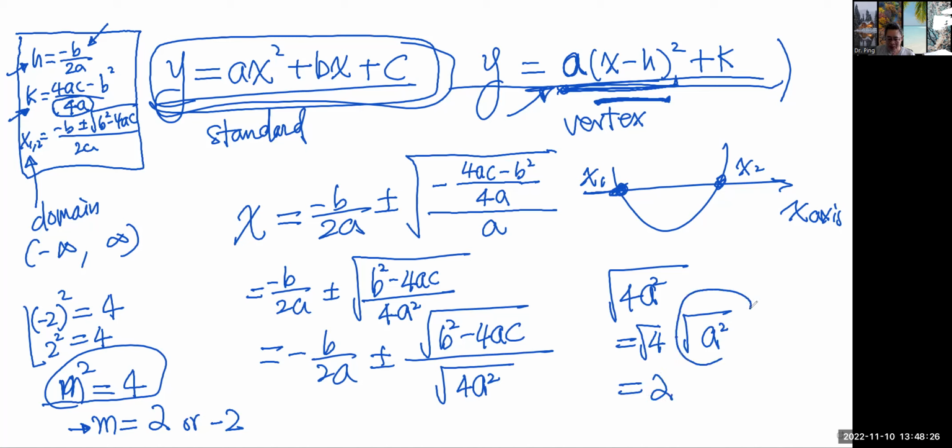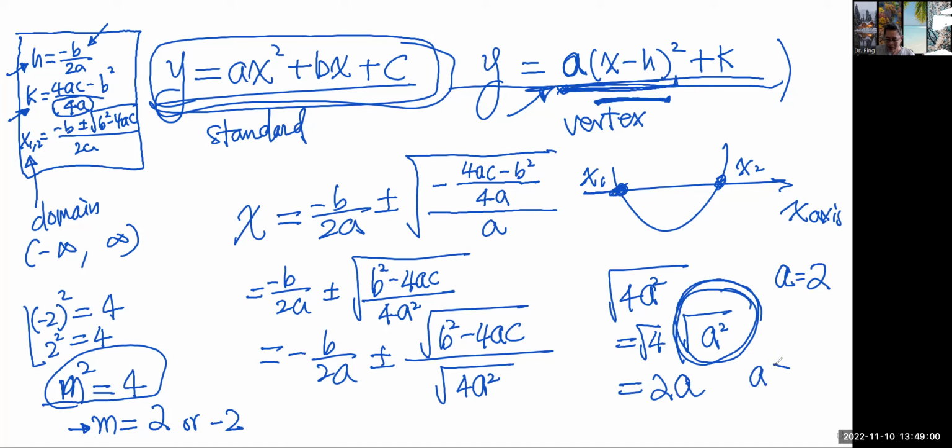The tricky part is this. It depends on whether a is positive or negative, because the square root of a squared is always positive. Let's say a is positive 2, which is pretty easy. It's just the square root of 4, which is 2, so that becomes 2a.